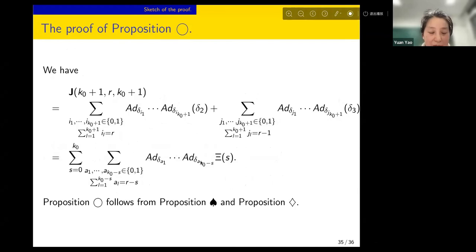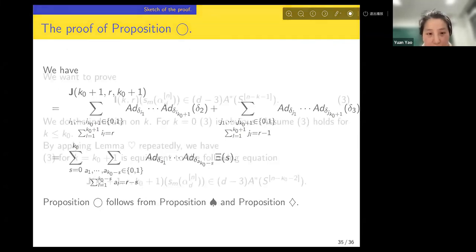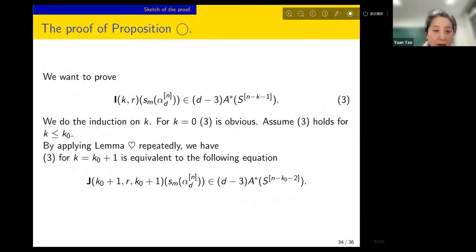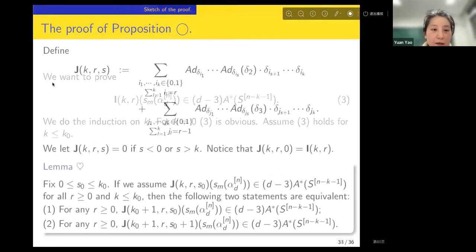So that's the statement. Once you act with this K_S, you have a d minus 3 factor. So for the J factor, you act it on any integral class and you get the d minus 3 factor. In particular, I_KR is a special case of J_KRS.